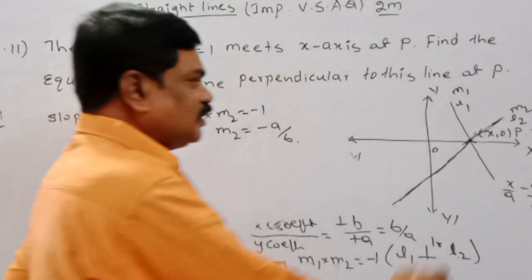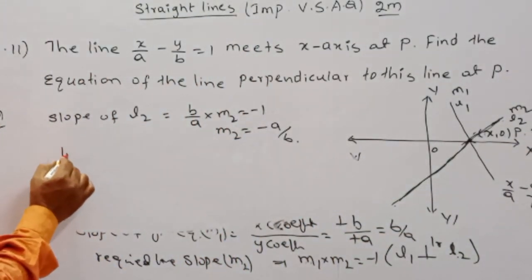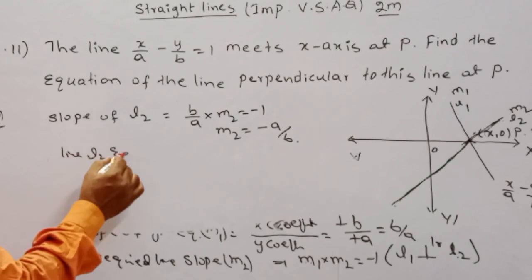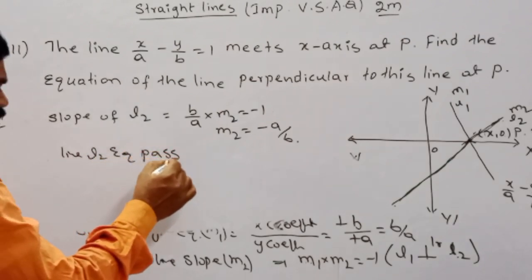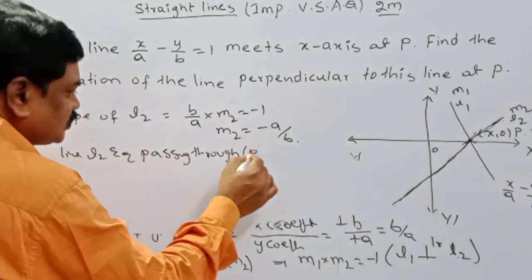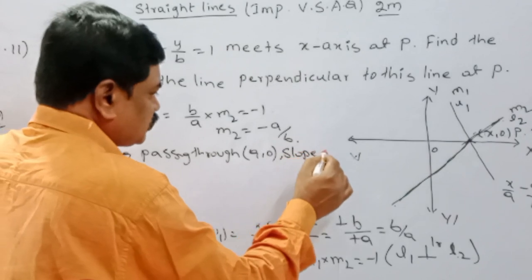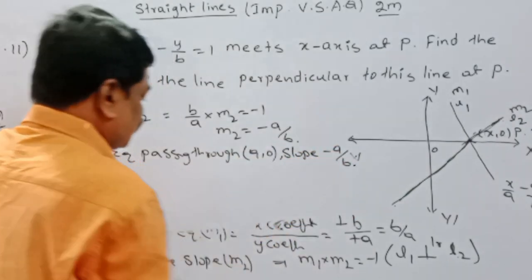Point P is (a, 0). So the line L2 passes through (a, 0) with slope minus a by b.